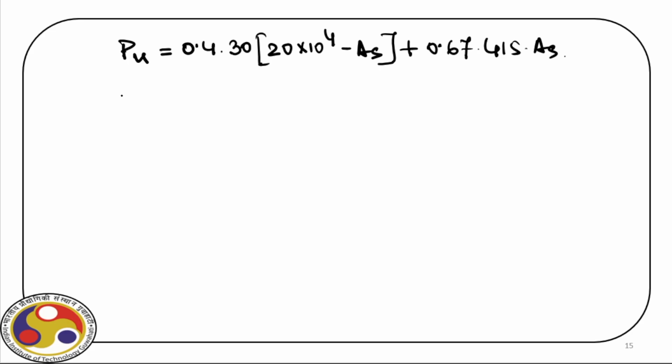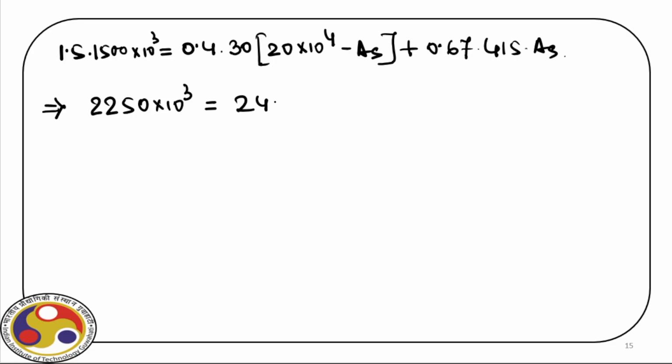And PU, that is the ultimate load, is nothing but 1.5 times 1500 into 10 to the power 3. So then what we have is 2250 into 10 to the power 3 is equal to 2400 into 10 to the power 3 minus 12 AS plus 278 AS.